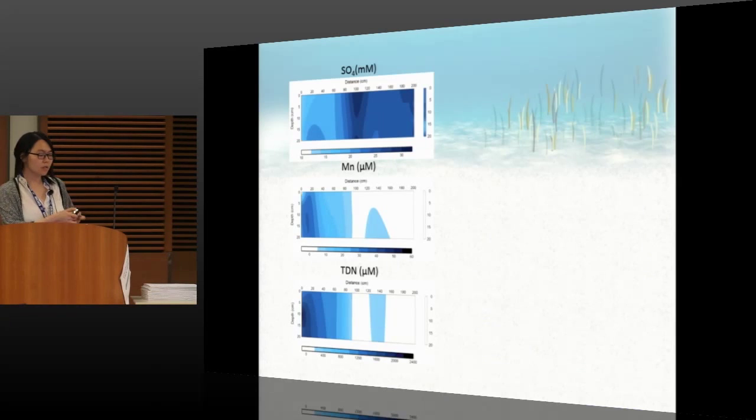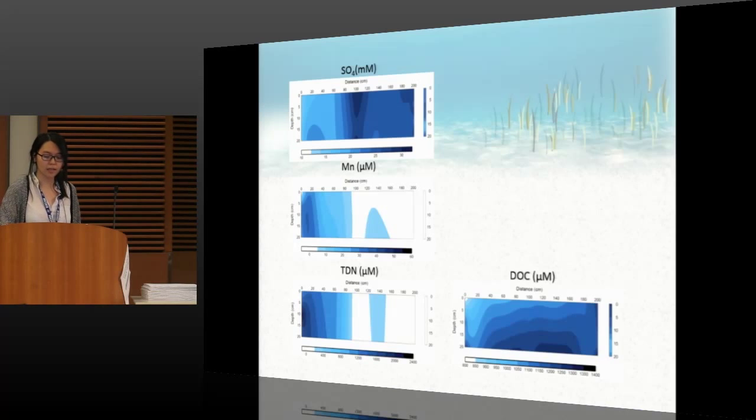At first I predicted that if the venting fluid and the seawater only mix with each other, the gradient pattern should correlate with both depth and distance. But when I looked at my geochemical data, the sulfate, manganese, and total dissolved nitrogen only vary with distance, and the dissolved organic carbon correlates with depth.